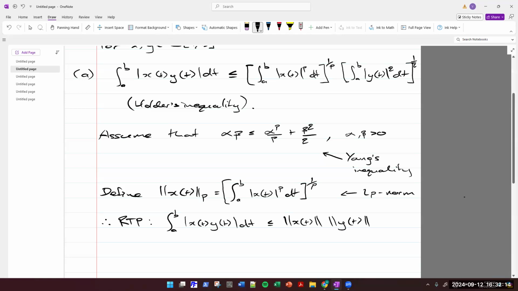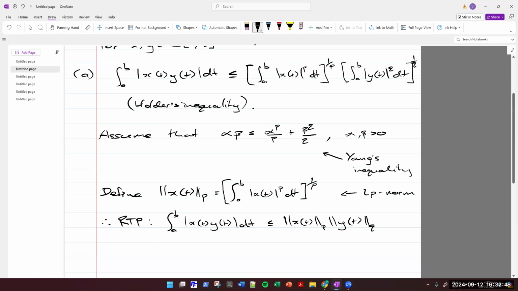You see, it's a lot easier to write it now, right? And now I need to remember which subscript to use. The one for the x, that's p, because we're taking it to the p power, and the one for the y, we're taking it to the q power. So I'm making reference with these numbers here. So I use norm x p. And for this one, it's q. So I use norm y q.